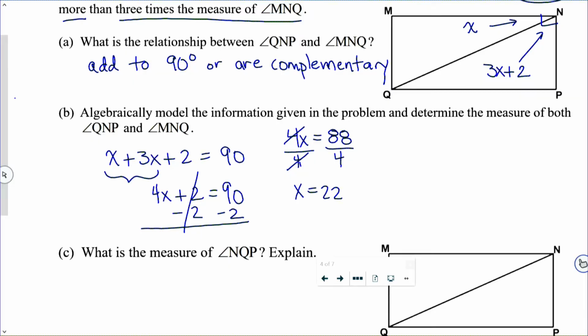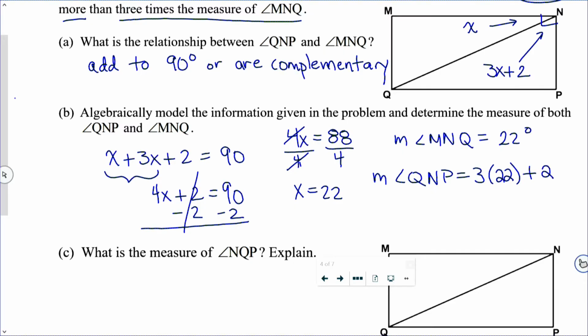And that's great, because that tells me one of the two angles. The measure of angle MNQ, which was equal to x, is 22 degrees. Now, the other one's a little bit more challenging. The measure of angle QNP is 3x plus 2, so I have to do a little more calculation. 3 times 22 is 66, plus another 2 gives me 68 degrees.